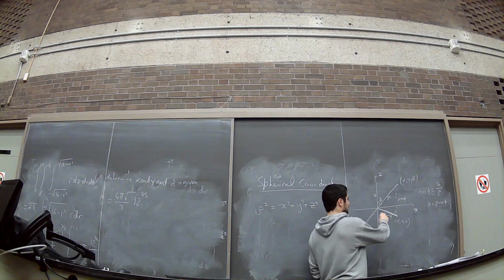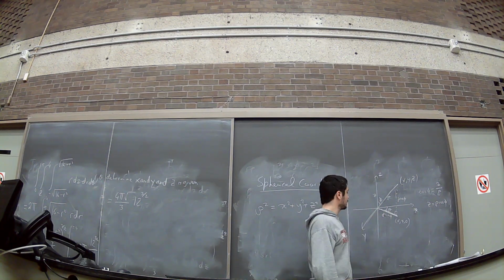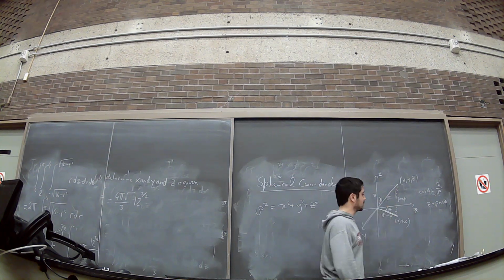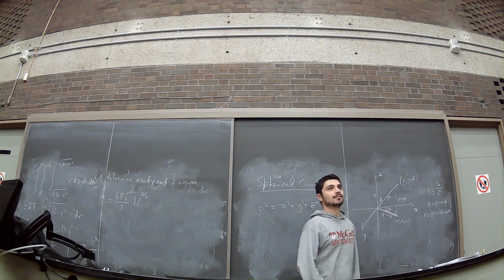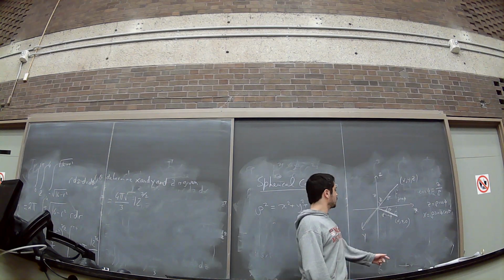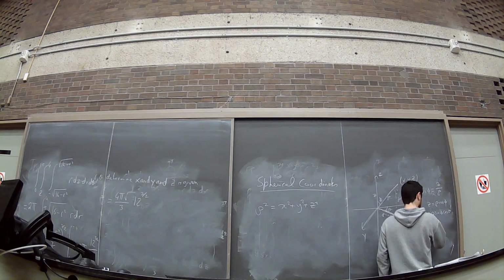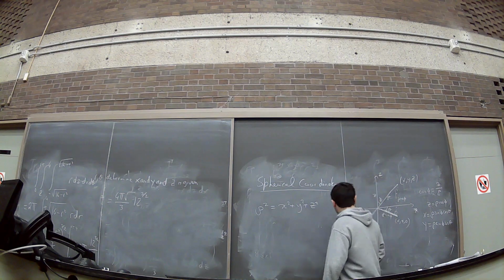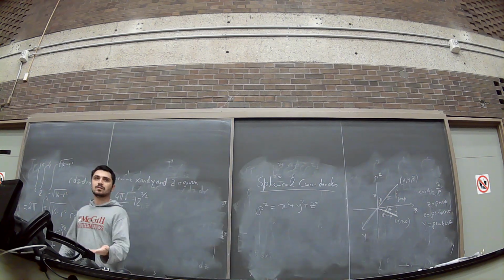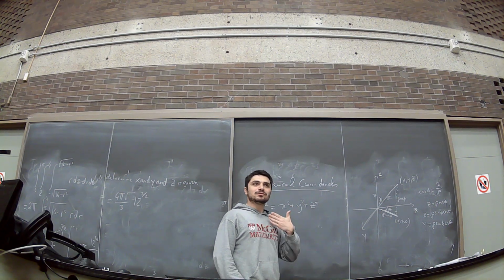Now, if I call this angle theta, what is my x? I go back to polar coordinates. It's this length times cosine theta. What is y? Y is this length times sine theta. You see that? You guys see that?